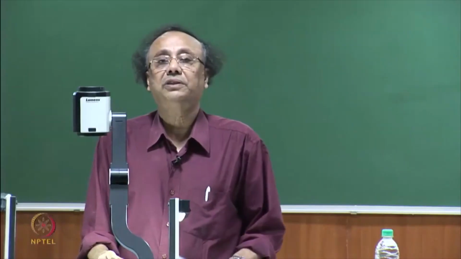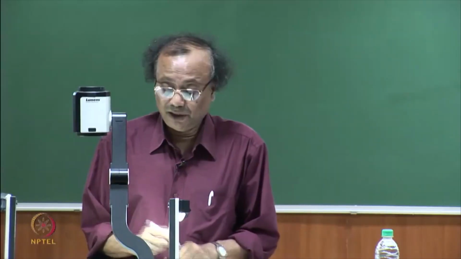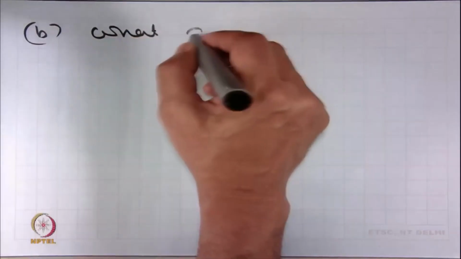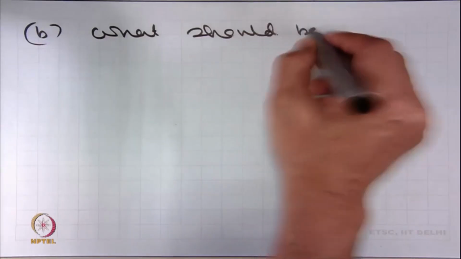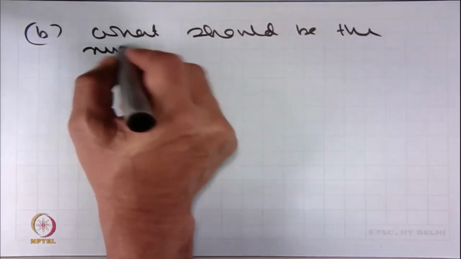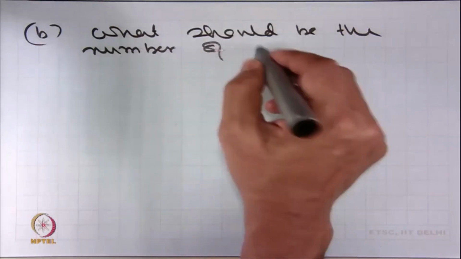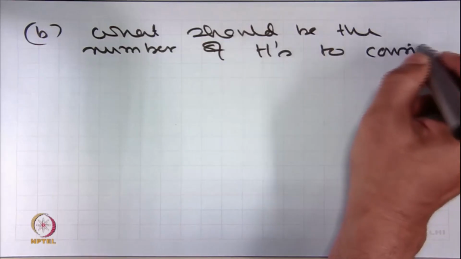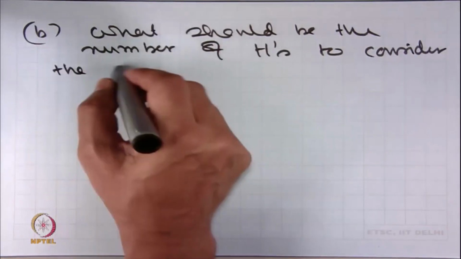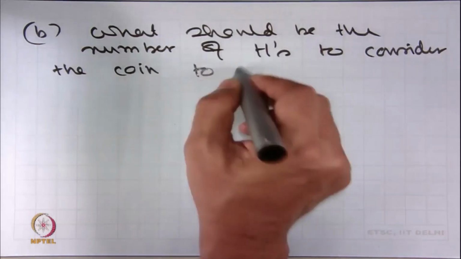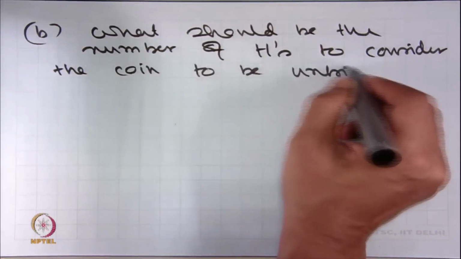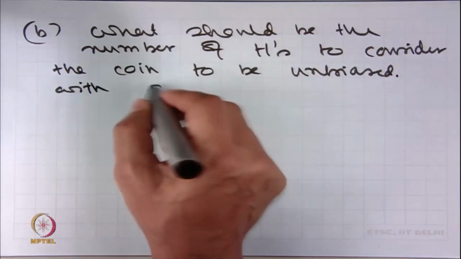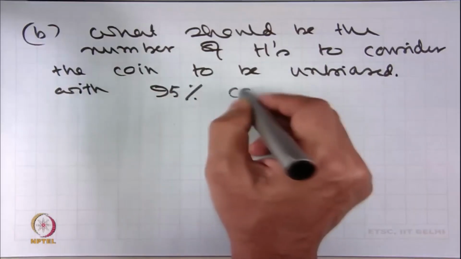The second part of the question, or part B, asks what should be the number of heads to consider the coin to be unbiased with 95% confidence.